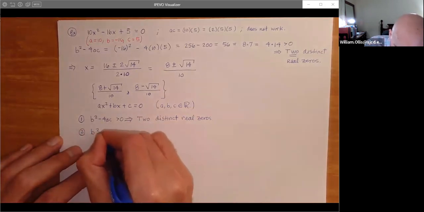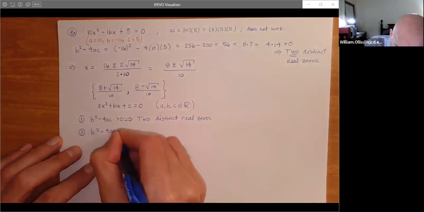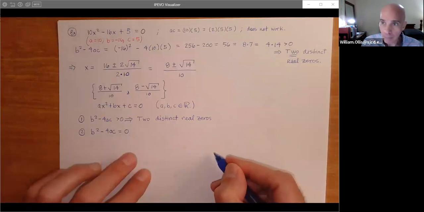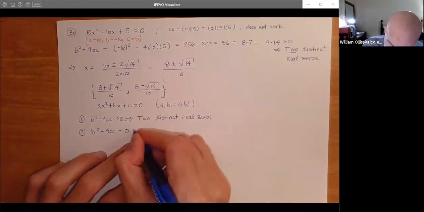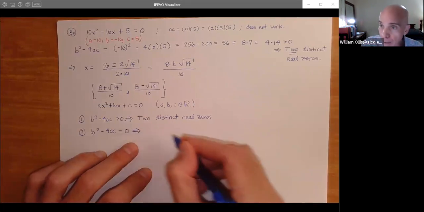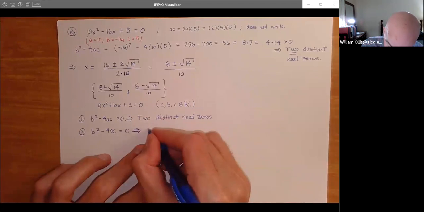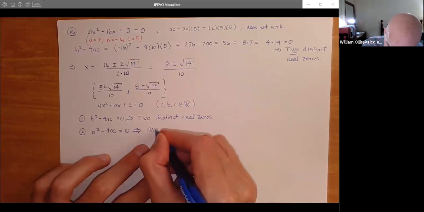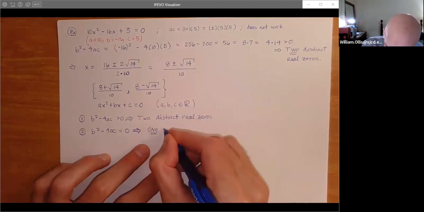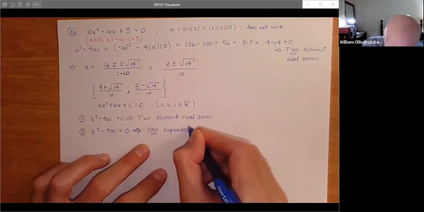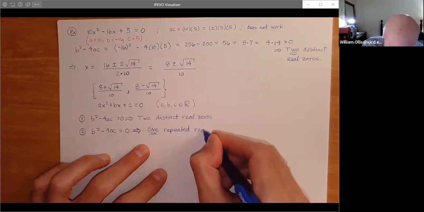it certainly could be the case, using the properties of real numbers, that we would get a 0. Because if you have a real number, what could it be? It could be positive, it could be less than 0, or it could be 0. So this means 1 repeated real 0.